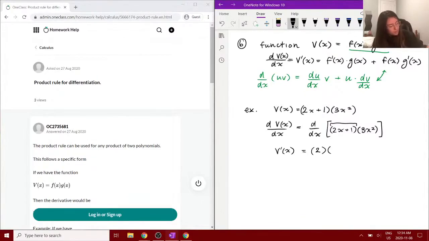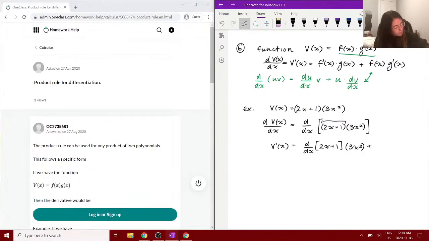I'll write it out like this first, so that it's the same as what we've seen before. I'll put it in square brackets so you can tell that this is what we're taking the derivative of, and then the 3x squared stays the same, and then add that to the 2x plus 1 times the derivative of the second term, which is 3x squared.